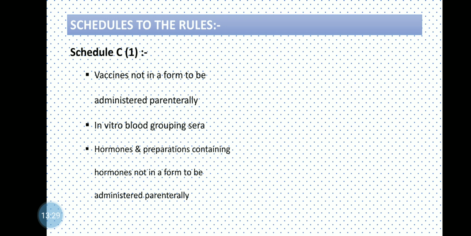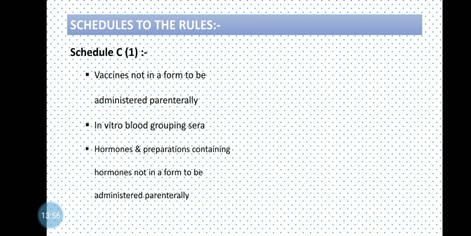Those three chemicals are your sera. In vitro means outside the body, and in vivo means inside the body. These blood grouping reagents come under the class of your Schedule C1. Hormones and preparations containing hormones not administered by parenteral route of administration.